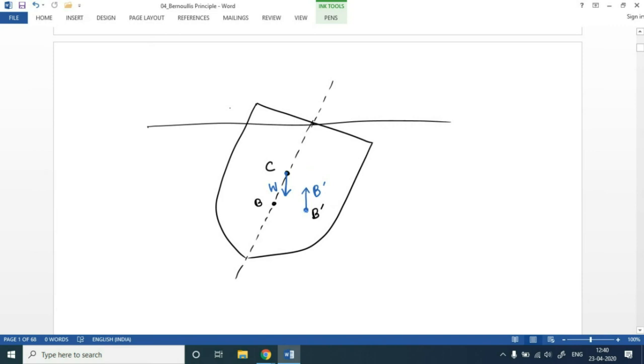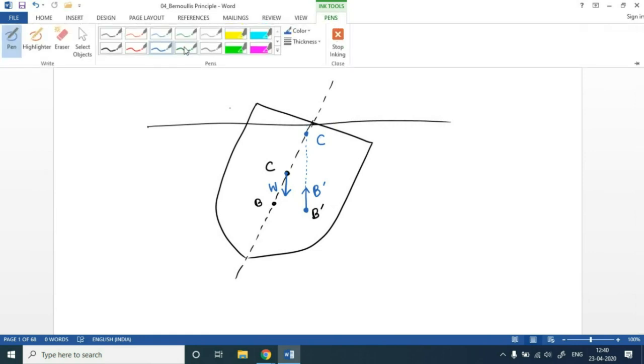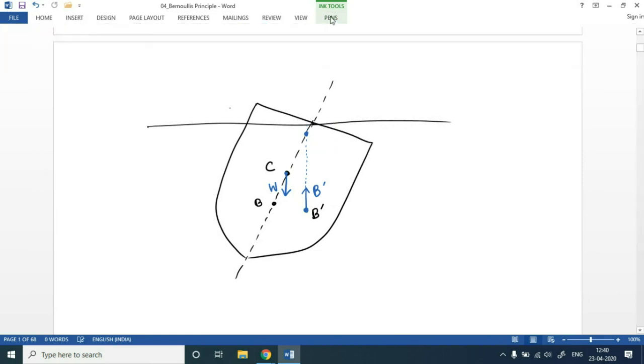If we draw a vertical line passing through point B dash, it is going to intersect the line of symmetry somewhere. Let's name this point M. This point M is known as the metacenter.